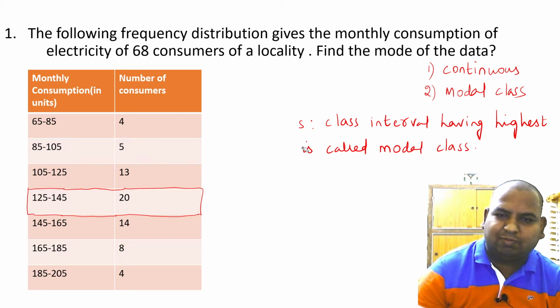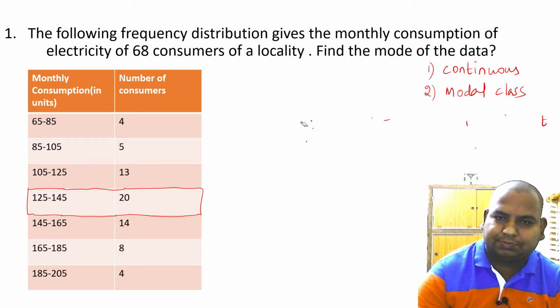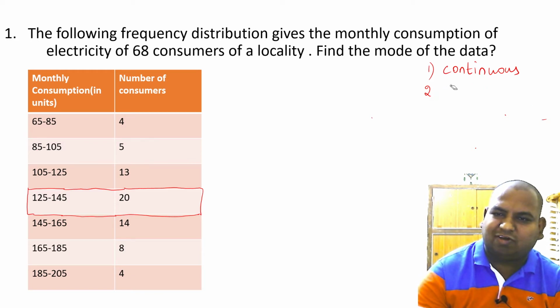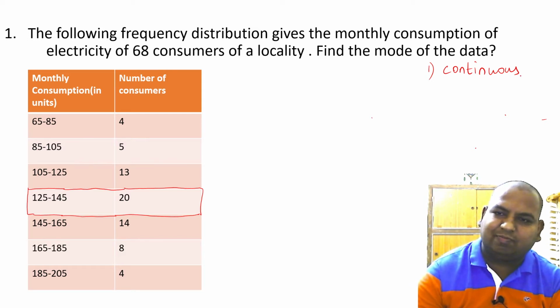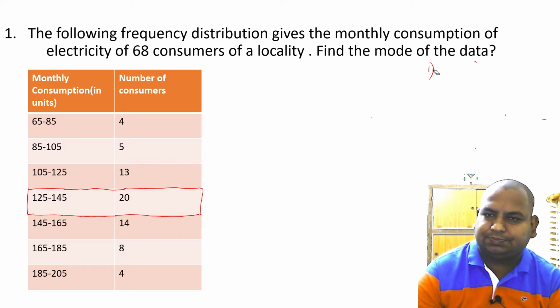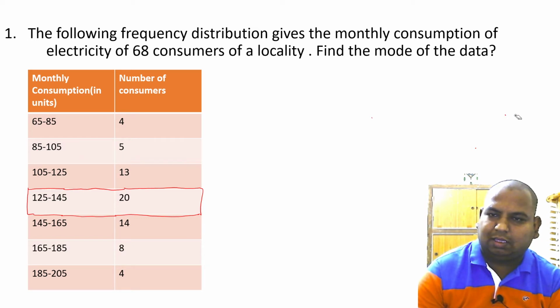After finding the modal class, we need to find some specific values. Before that, we'll write the formula of mode, because when you write the formula, we'll come to know which values are to be found.